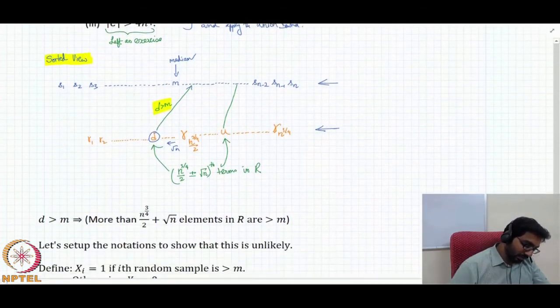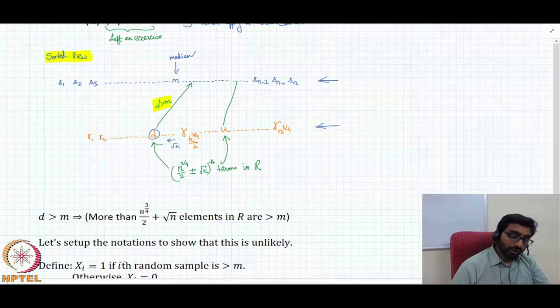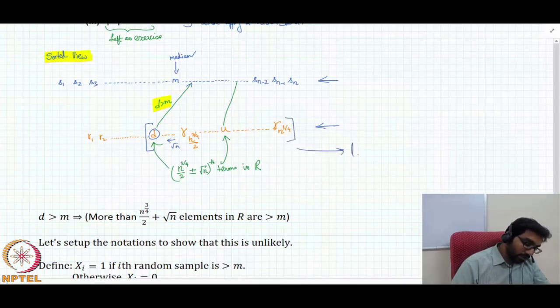What does this mean? This means that more than n to the 3/4 divided by 2 plus square root of n elements in R are larger than M. What do we mean by that? Well, all of these items are all larger than M.